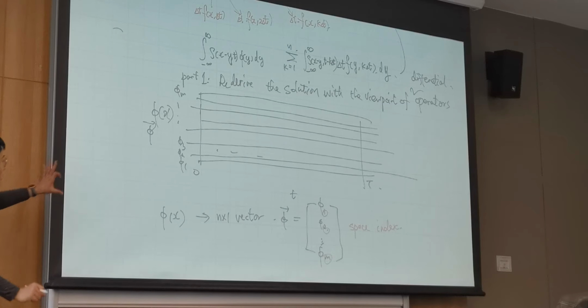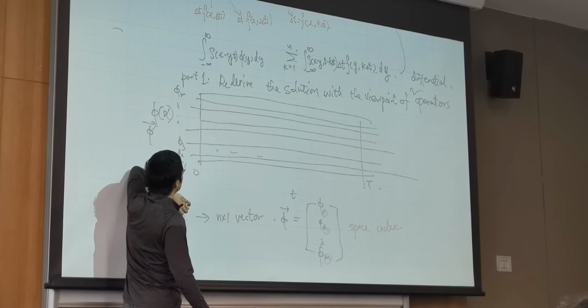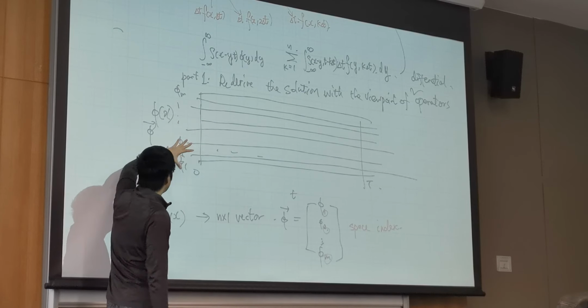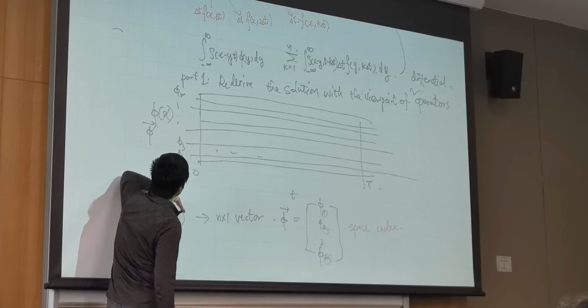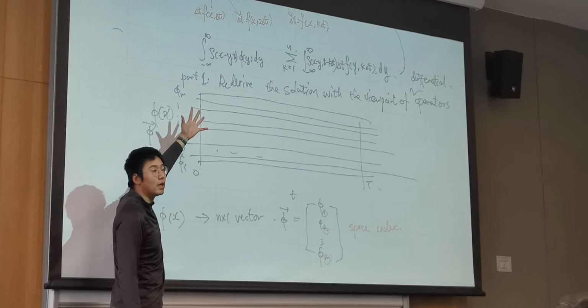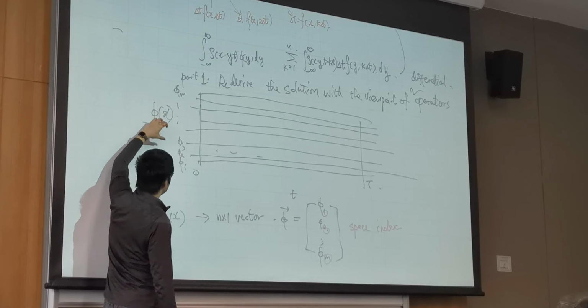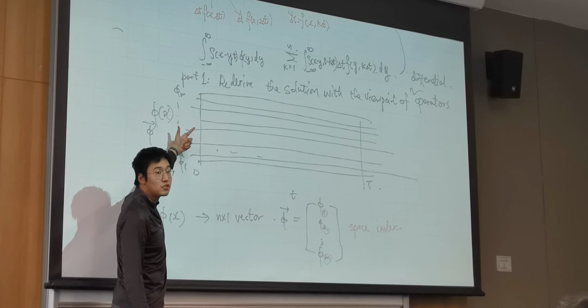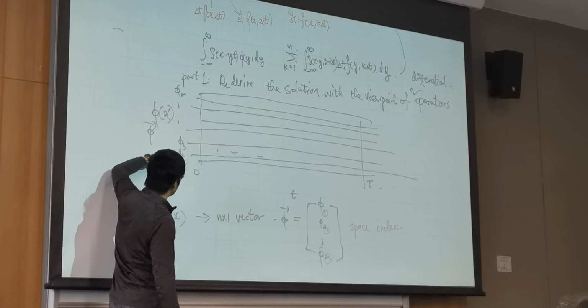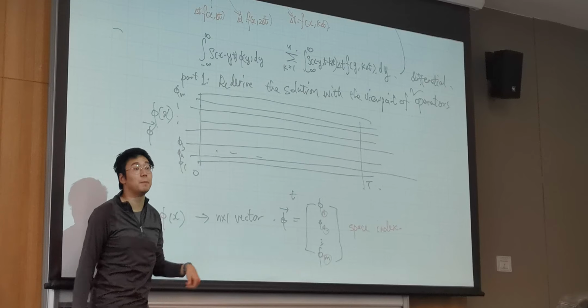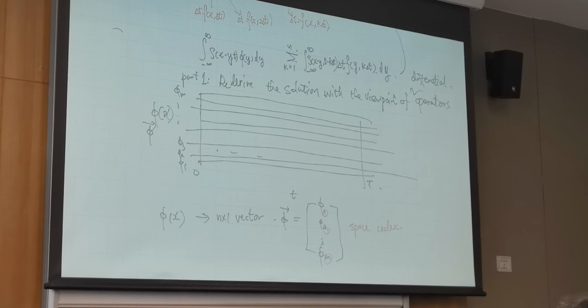Sounds good? Again, I'm discretizing the space. Originally I was having phi from 0 to whatever x it is. Now I have been discretizing the space, which means that now my phi is only going to take values on discretized grids. So this is going to be phi 1, phi 2, phi 3, and up to phi n. So that's good.